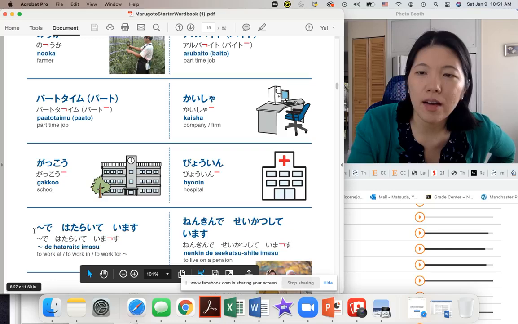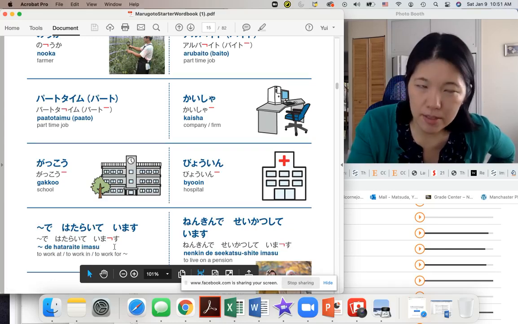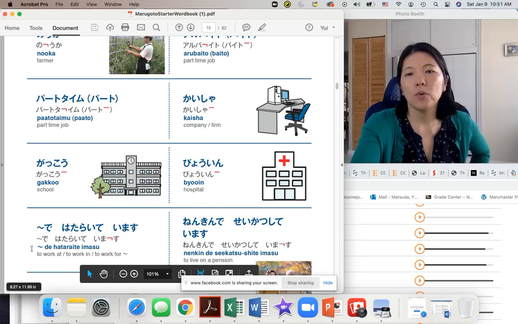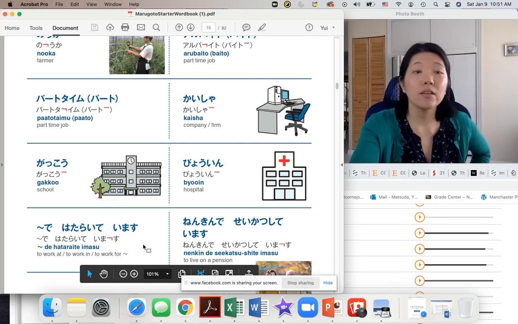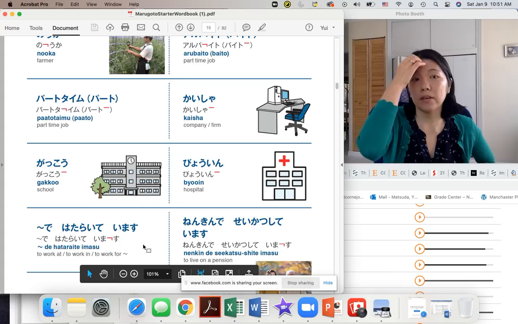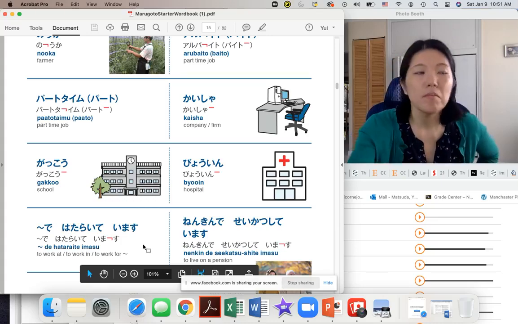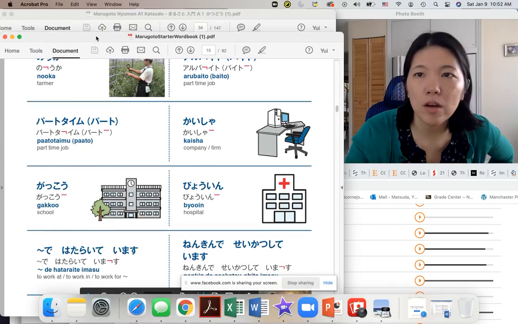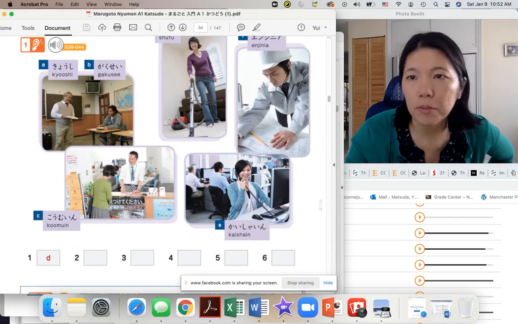So 会社で働いています。病院で働いています。So I work at a hospital, or I work at a company, like you can put together and say. So those are the terms that would be applicable here.